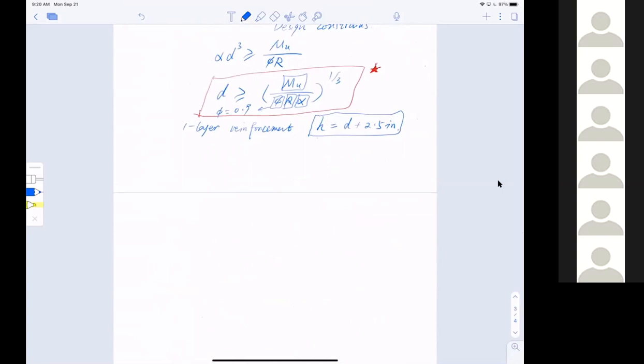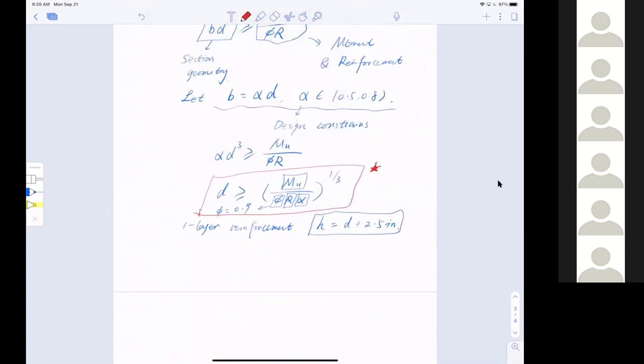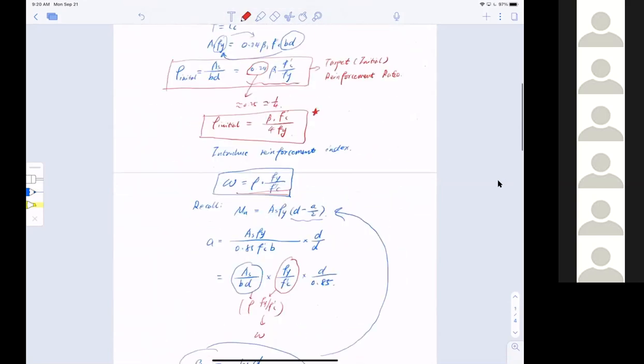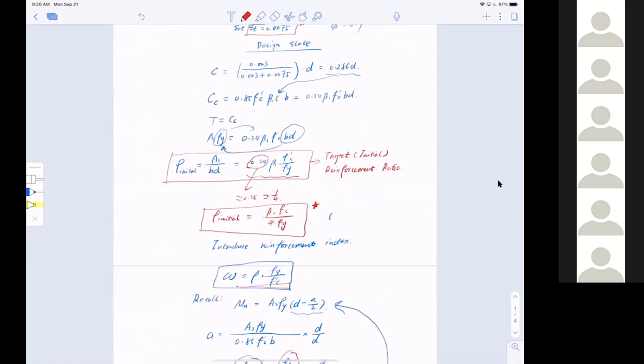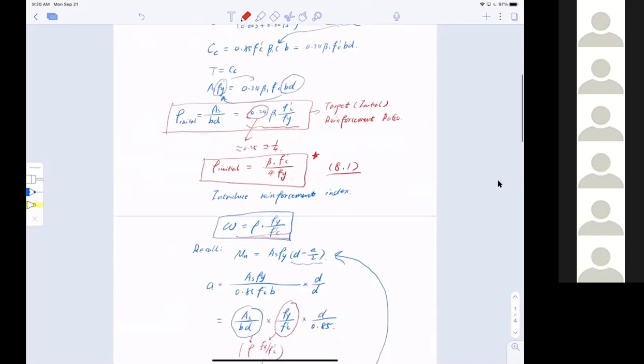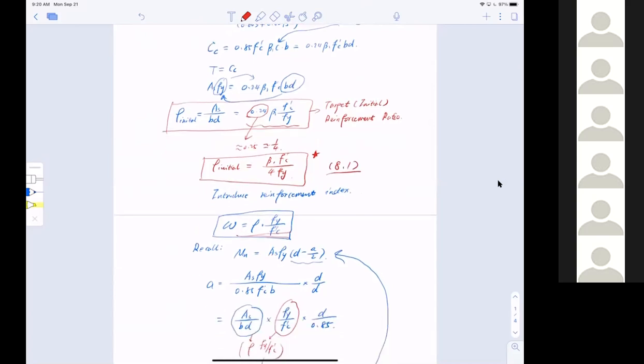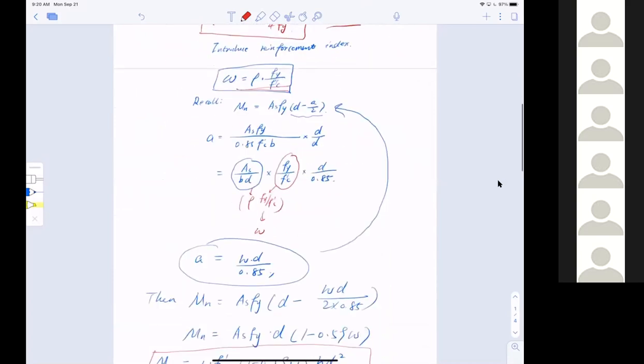Okay, so that is the design process. But you don't have to remember all these equations. All you need to remember is the key equations, right? So let's label them. First, we'll give a design equation, let's call it 8.1. We have this initial reinforcement ratio that has to be guessed, to ensure the strain still reaches 0.0075. With that, we introduce another reinforcement index, and this needs to be remembered.